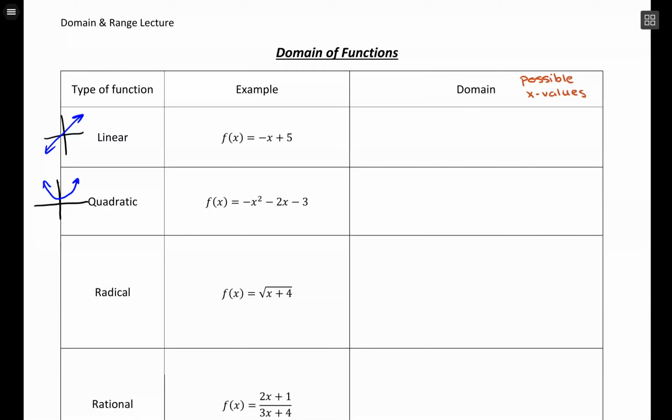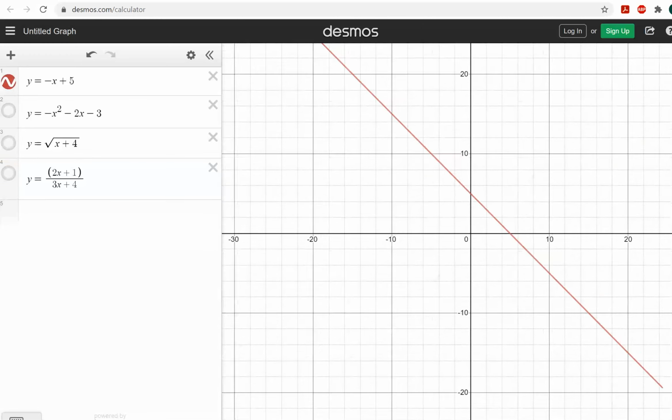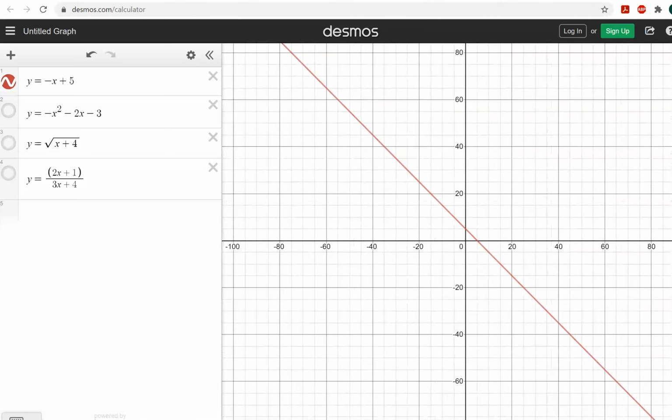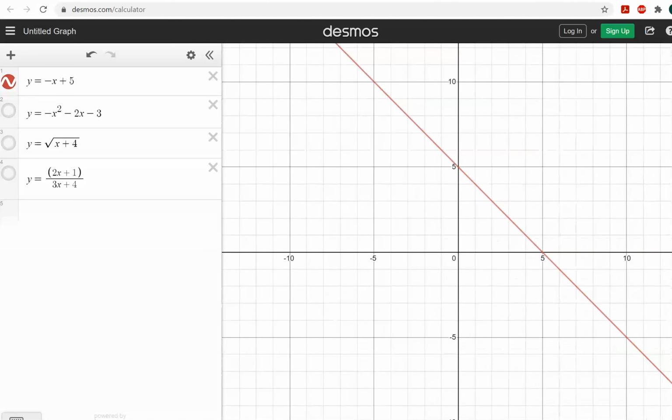We can see that with the graphs. If we hop over to Desmos real fast, I already plugged in our equations here. If we look at the line and think about all of the possible x values, no matter how far I scroll away, I can plug in absolutely any x value. We're not seeing any holes or gaps. So with linear functions, our domain is always going to be all real numbers.